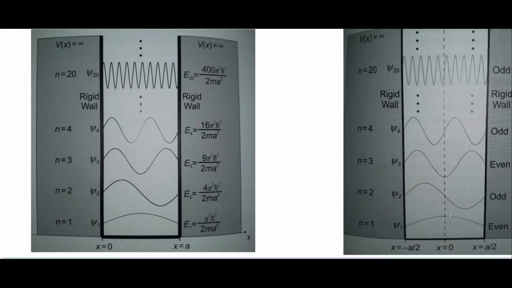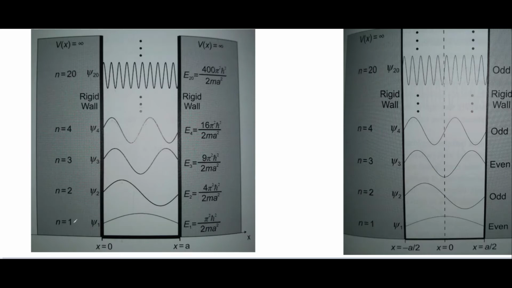This is actually pictures right out of the Student's Guide to the Schrodinger Equation, the book that I'm using for this, by Daniel A. Fleisch. He put the waves for different n's in here.